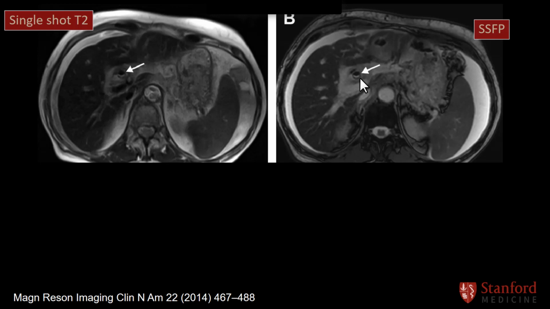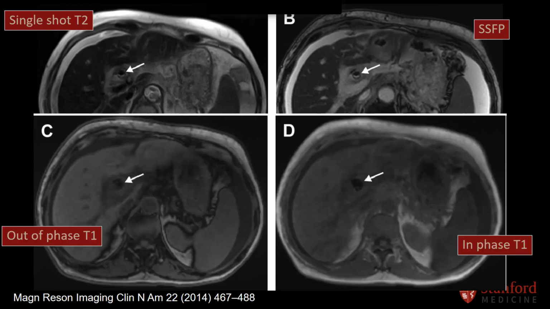So you're suspecting that this could actually be air in the bile duct, and when you get your in and out of phase, you notice here that this dark signal becomes more prominent on the in phase, which is called blooming artifact, and that confirms that this is indeed gas. So this is not pathologic.